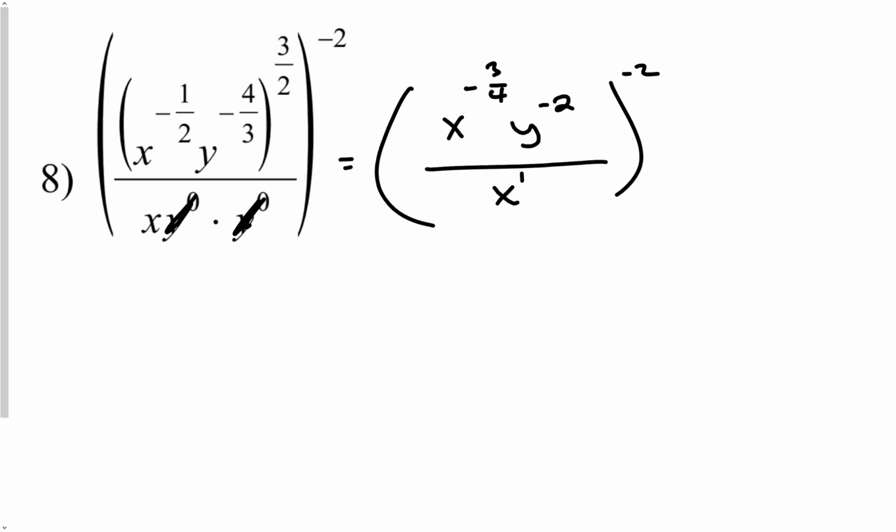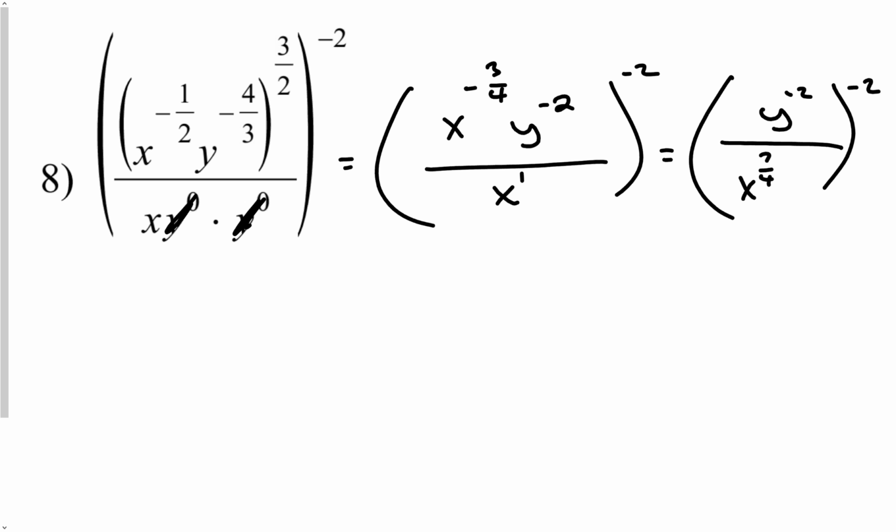We can bring down the 3 over 4, and I get x to the 7 over 4. And y, I could move it down here to make it positive, but I'm just raising it to a negative 2 power. Let's leave it up here for a second, and let's do something different with this negative exponent.